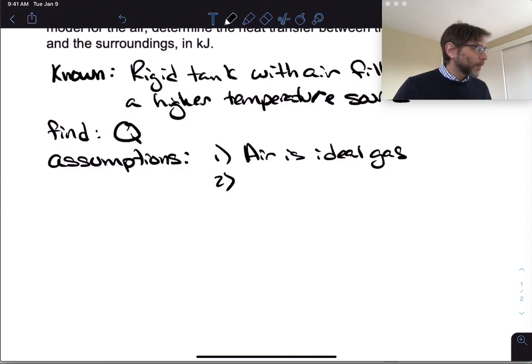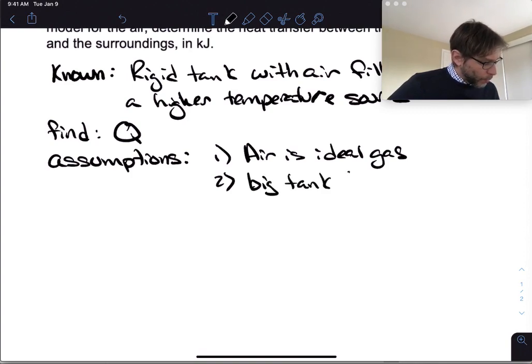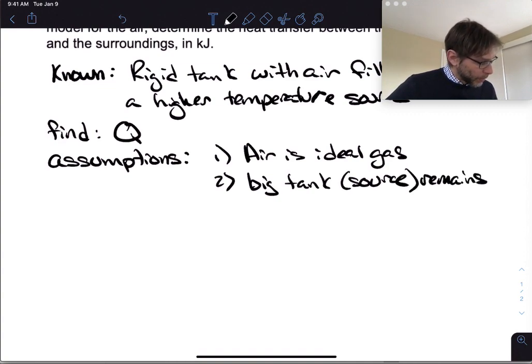Two, we're going to assume that the big tank, or the source, remains constant.